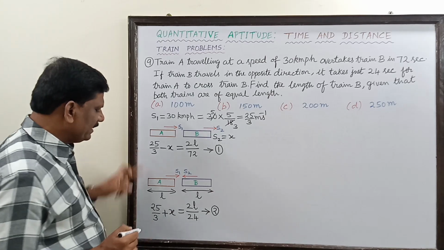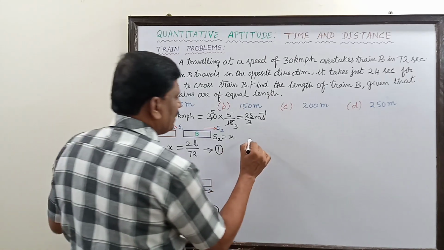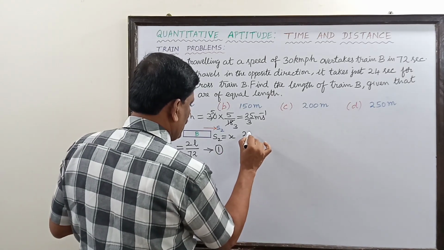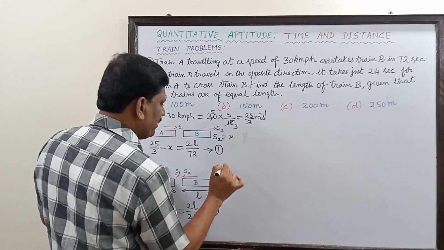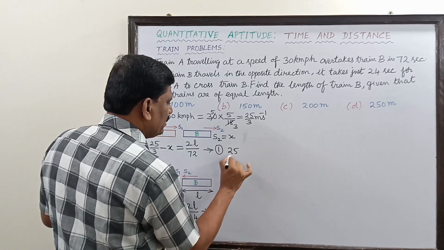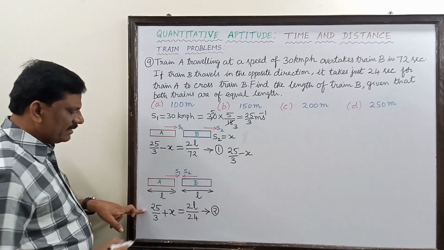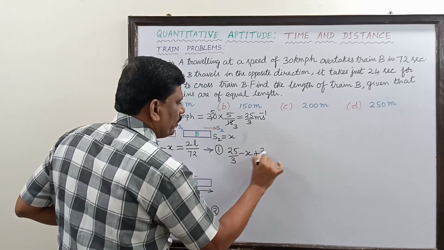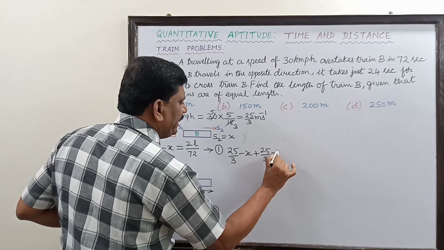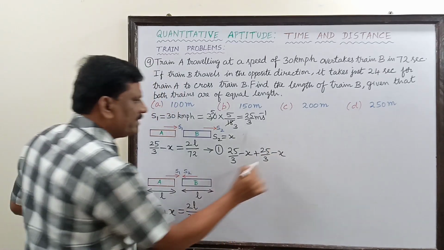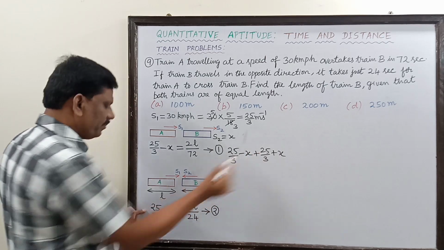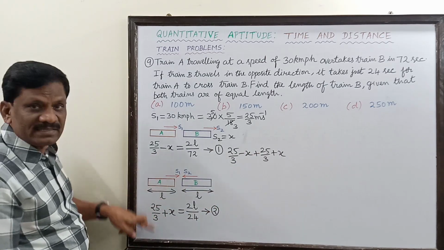Now 25 by 3 minus x. So 25 by 3 minus x plus 25 by 3 minus x. Here it is plus x, okay, minus x plus x. I have added the left hand sides.